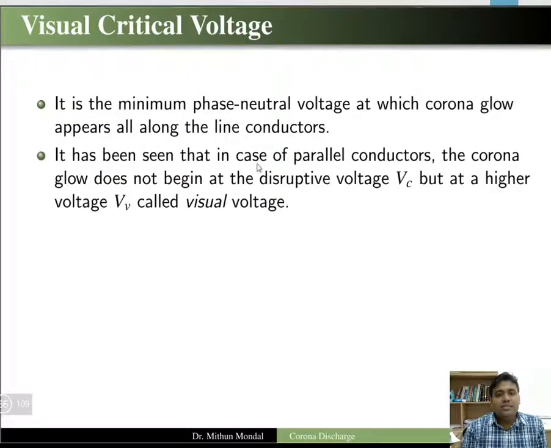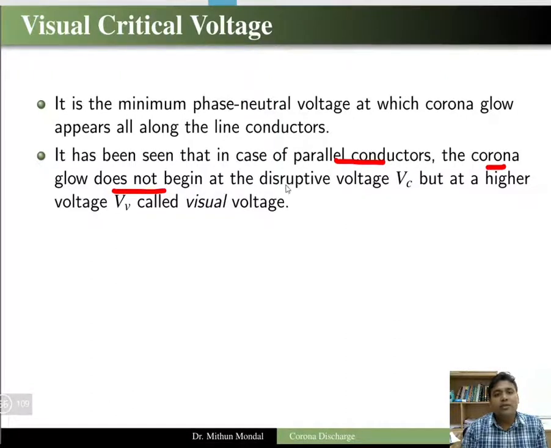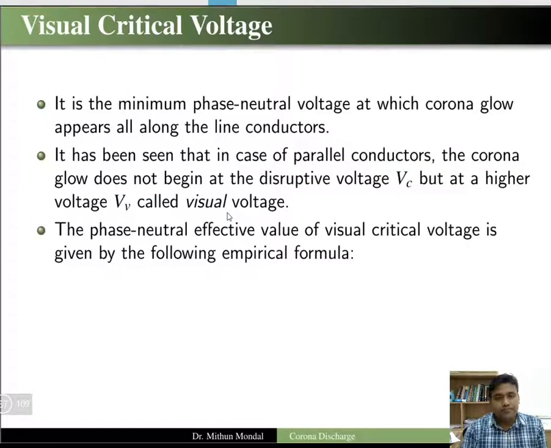It has been seen that in the case of parallel conductors, the corona glow does not begin at the disruptive voltage. At the disruptive voltage we can't see the corona, but at a voltage Vv, known as the visual critical voltage, we can see the corona.